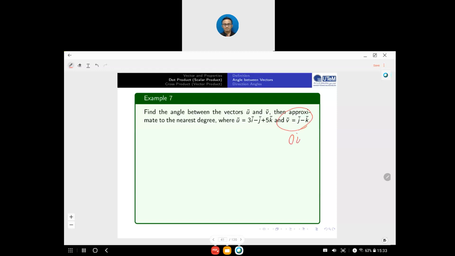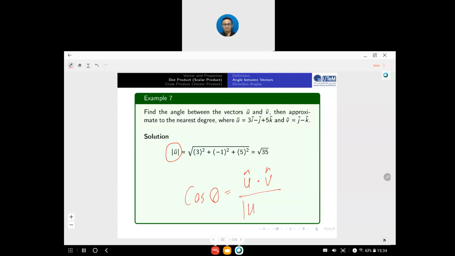For the solution, you need to find the magnitudes first, because your formula is cos theta equals U dot V divided by magnitude U times magnitude V.